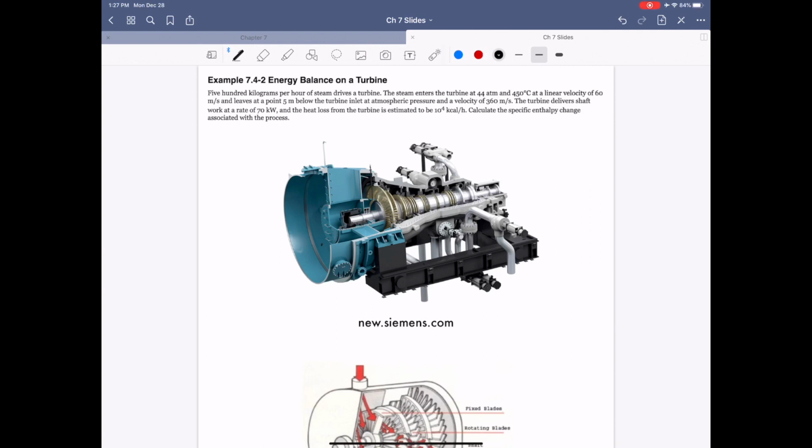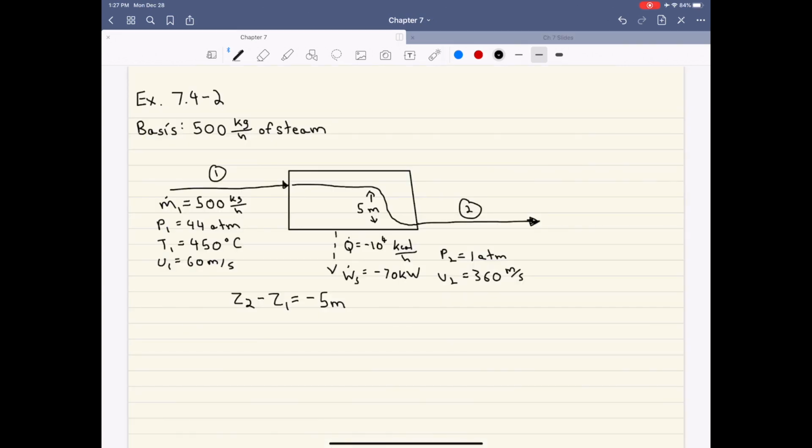Based on the information in the problem statement, we could draw a process flow diagram that looks like this, where the basis for our problem is 500 kilograms per hour of steam, and we have it entering in at a pressure of 44 atm, temperature of 450 C, and also an inlet velocity of 60 meters per second.